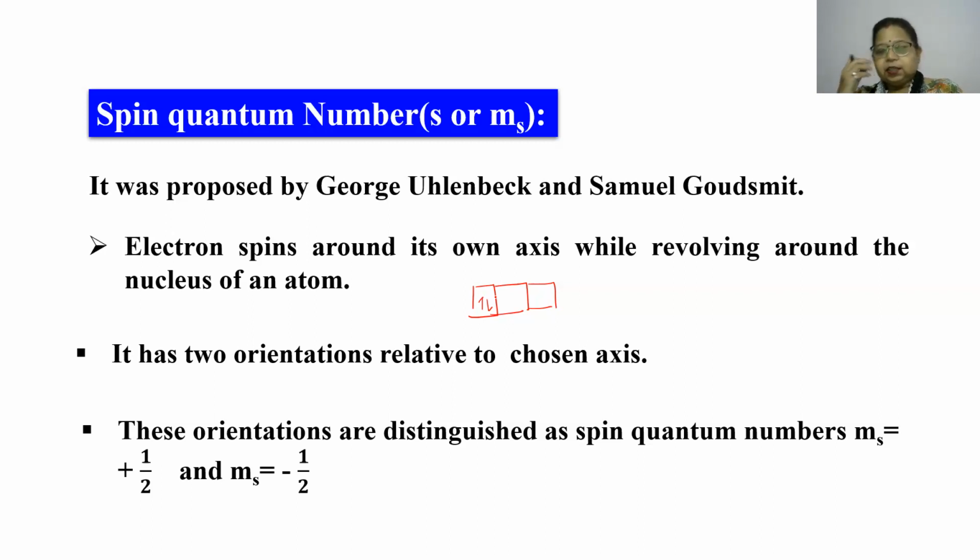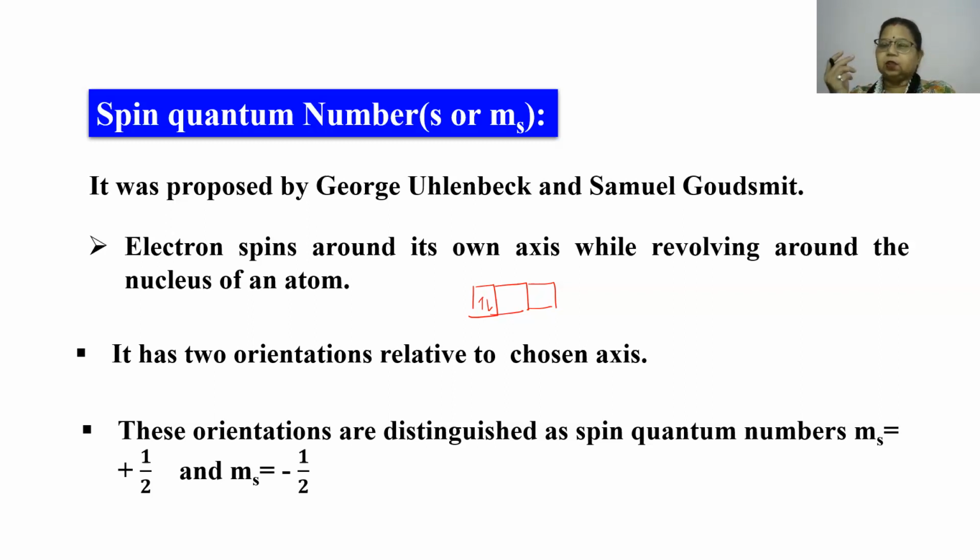Another thing, whatever orbitals we have, whatever quantum number values for S, that is n, l, m, can be obtained by an equation called the Schrodinger wave equation. Have you heard about it? Yes, ma'am. But the spin quantum number is not a solution of the Schrodinger wave equation, right?